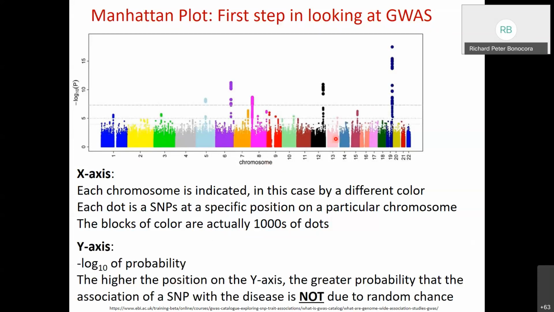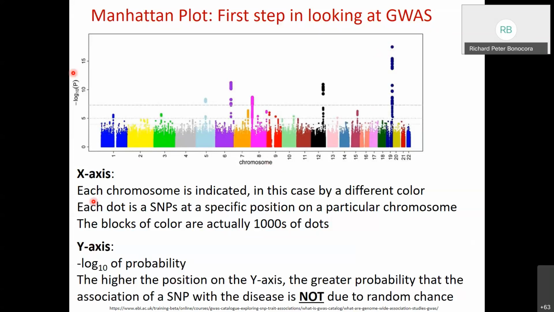The y-axis is now the negative log of the probability of the significance that there's a significant difference between the cases and the control, the disease state and the control state.